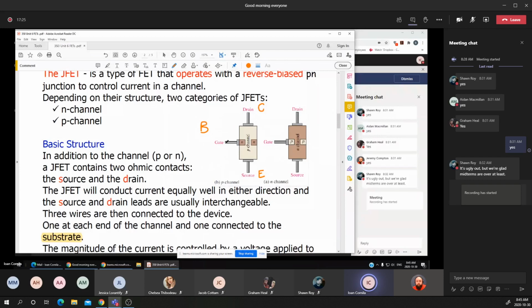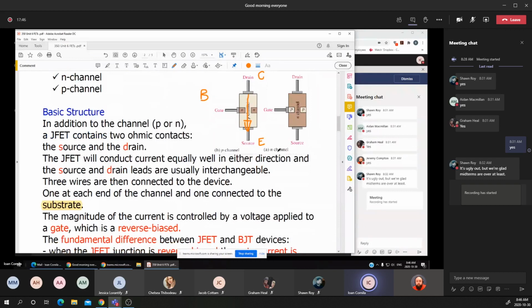If the gate voltage is equal to 0, or there is no voltage applied on the gate, the channel is fully open, which means I have the maximum current that can flow between the drain and the source. So when the FET is connected to a voltage source, the channel is fully open.